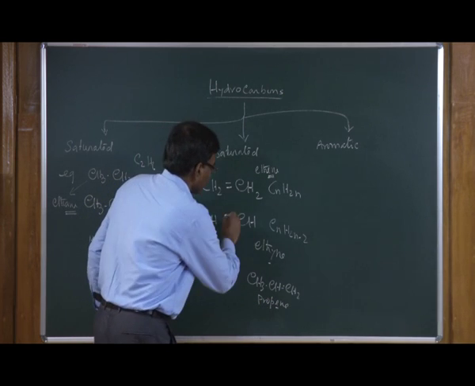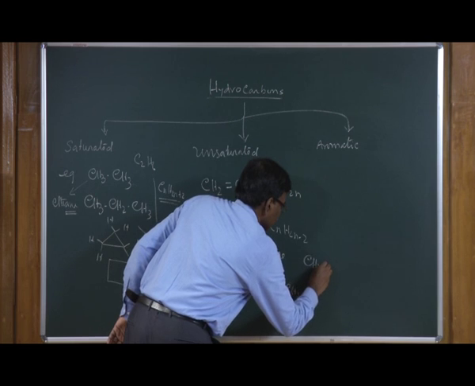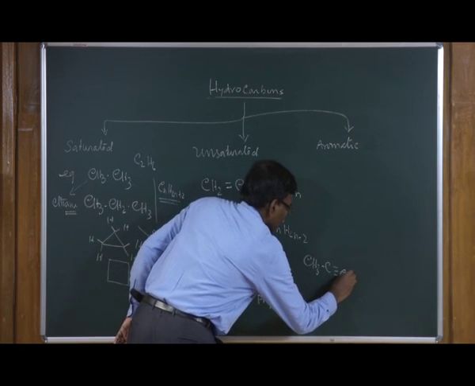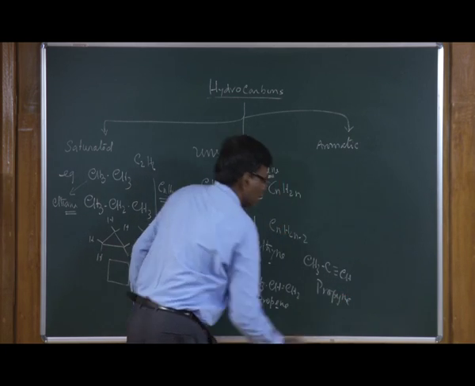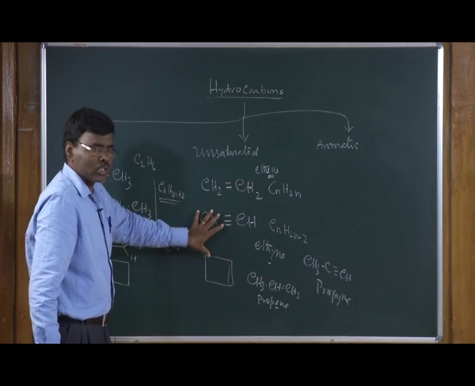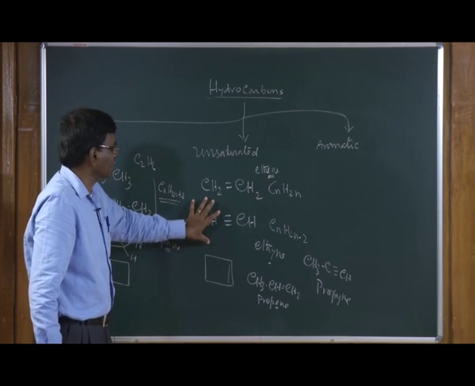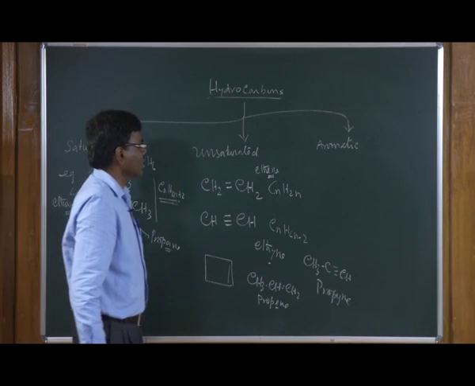If you have the corresponding triple bond, then propyne. You can go on. These are examples of unsaturated hydrocarbons, and if you look at all the compounds, they have only carbon and hydrogen atoms.